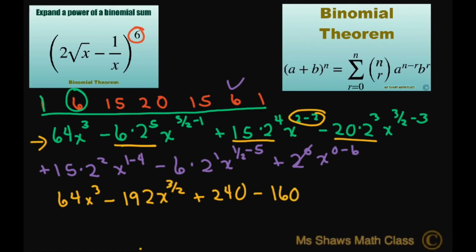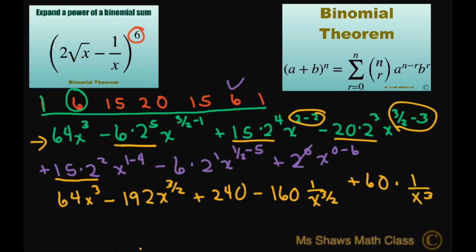And that's going to be 1, because we have a negative exponent. So 1 divided by x to the power of 3 halves plus 60 for this one. And that's going to be times 1 divided by x cubed. And then minus 12 times 1 divided by x to the power of 9 halves plus 1 divided by x to the power of 6.